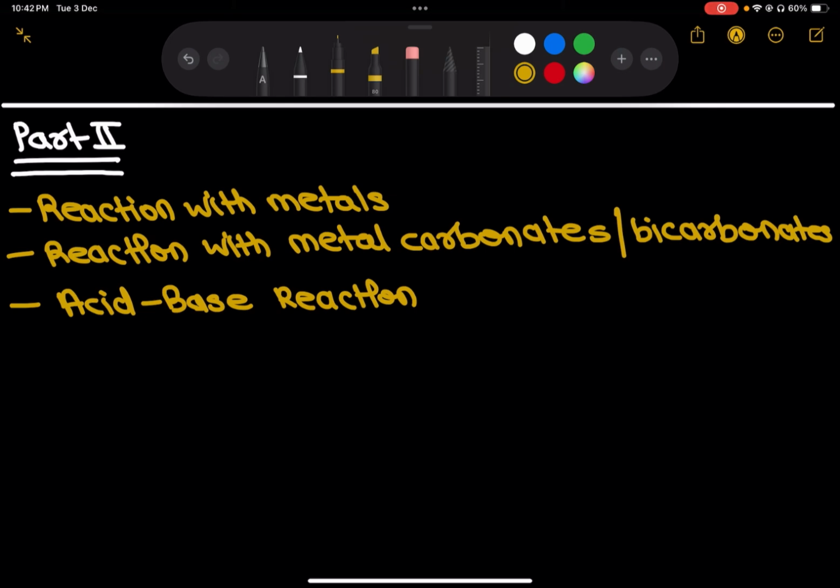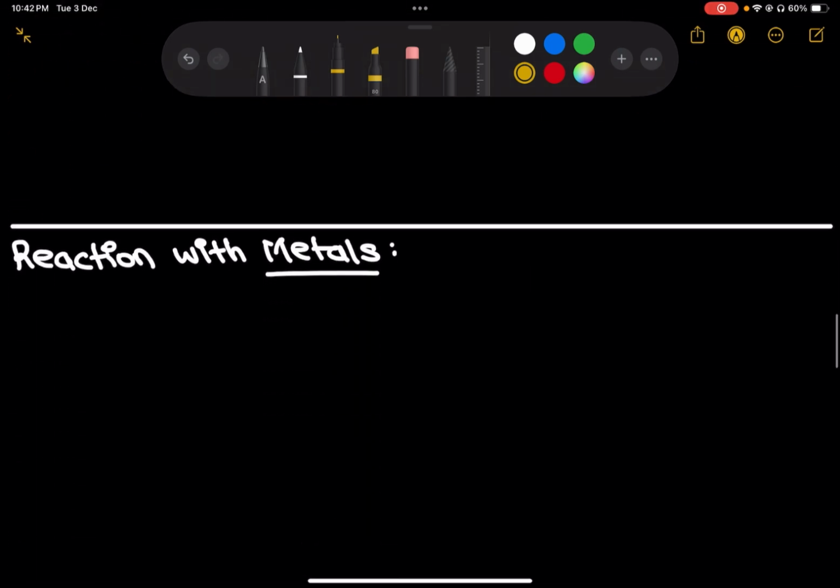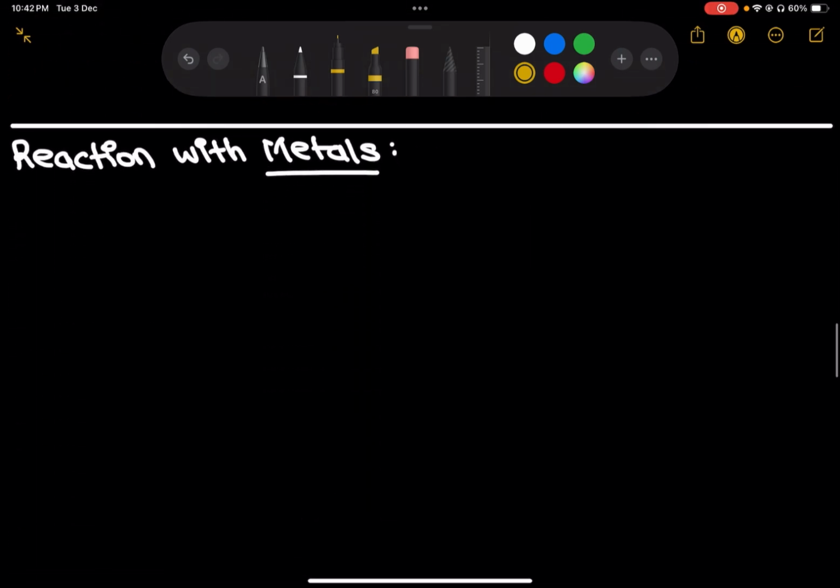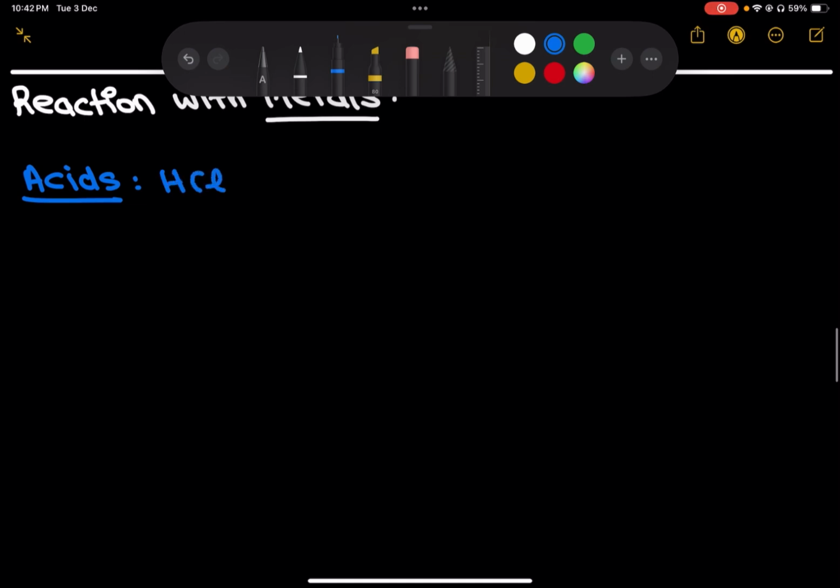So let's start. The first one is reaction with metals. So firstly, we'll see the reaction of acids with metals. Correct? So acids. Okay. So you know that the examples of acids are HCl, H2SO4, HNO3, H3PO4, etc. Correct? So these are all examples of acids.